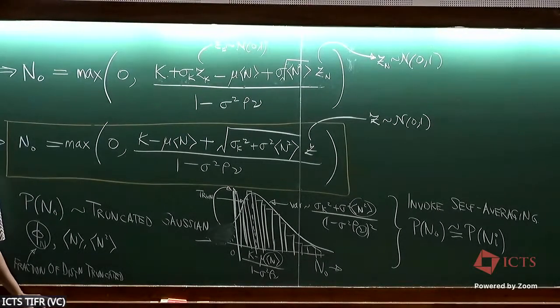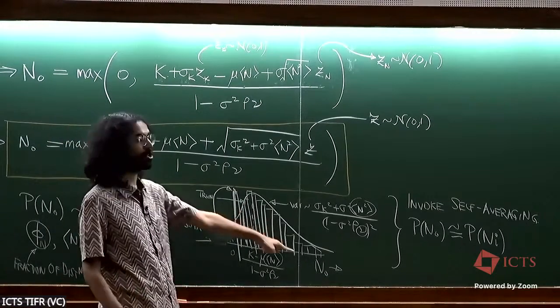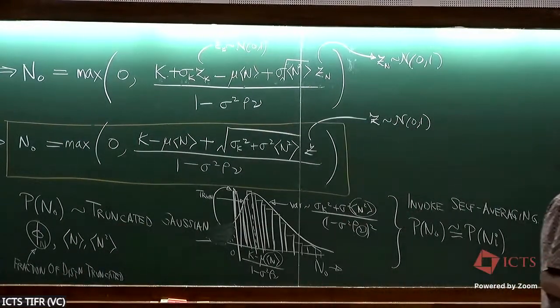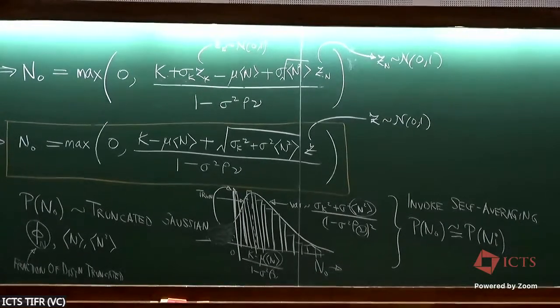So we need to figure out a way of self-consistently deriving these numbers, and then we'll be able to actually draw this Gaussian out, right? Right now, all you can check numerically is whether your simulations show a distribution that looks like a truncated Gaussian. That's all you can do, but you can't do a quantitative match yet.